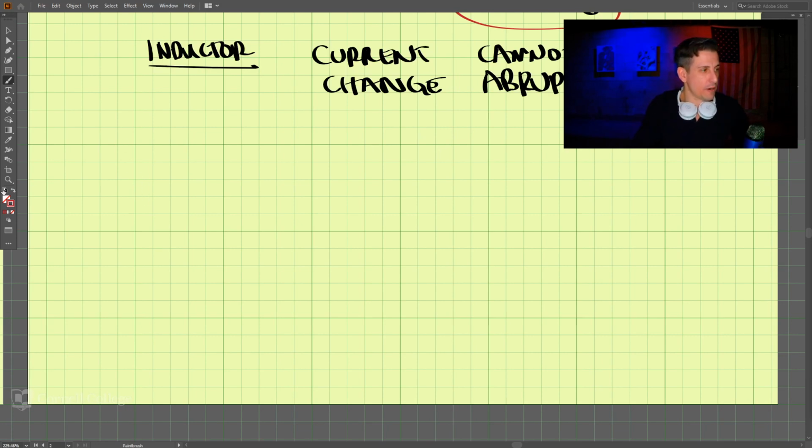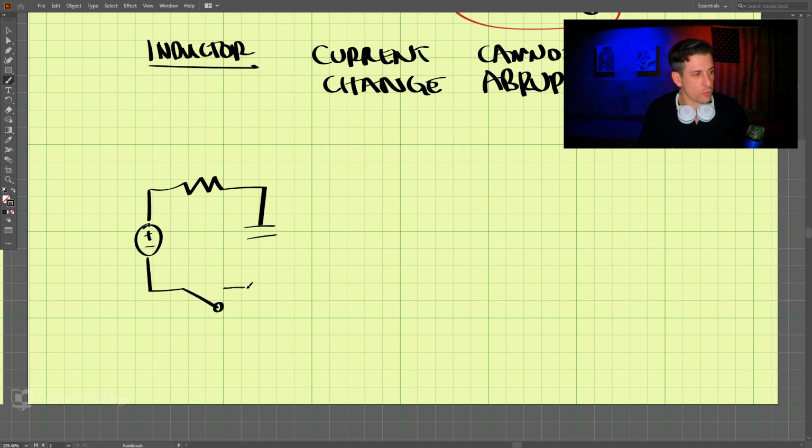Let's review a few things. So we have, for example, a voltage source with a resistor and a capacitor. And let's say we have a switch here, and at t equals 0, this closes.